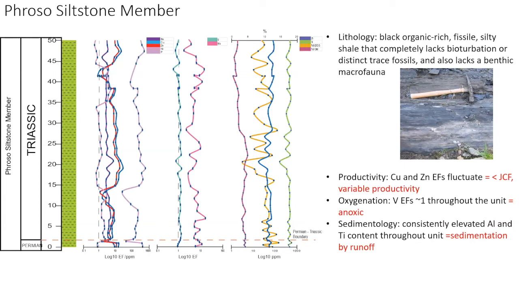For oxygenation, again, with vanadium enrichment values at around 1, that means that we are looking at anoxic conditions during the Phroso siltstone member. And finally, for sedimentology, a consistently elevated aluminum and titanium essentially means that now we have sedimentation from runoff. So it's a lot more from runoff.